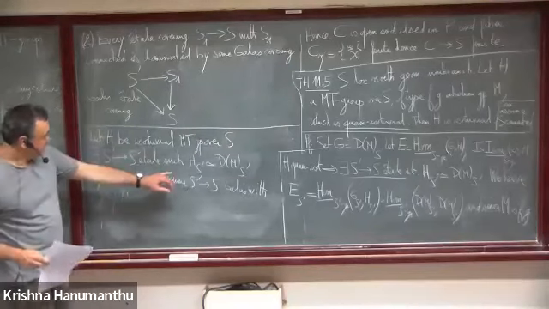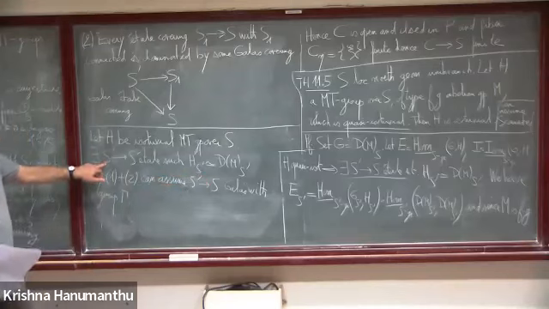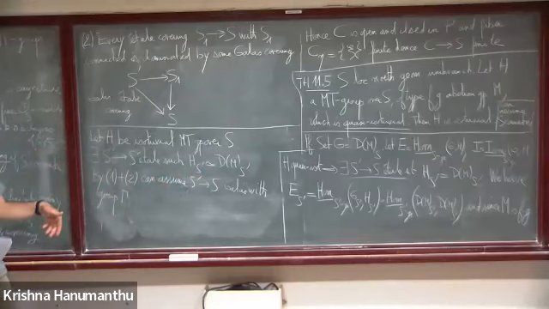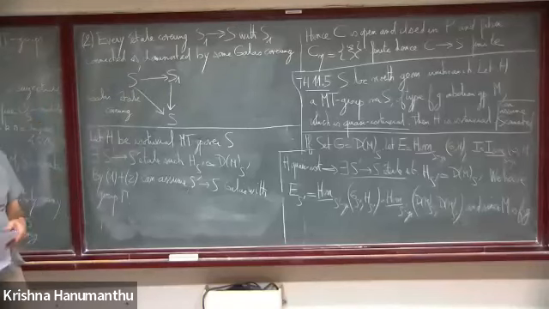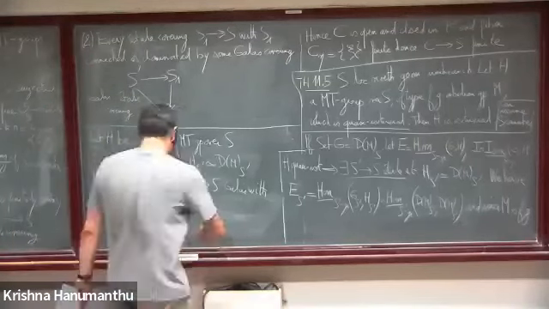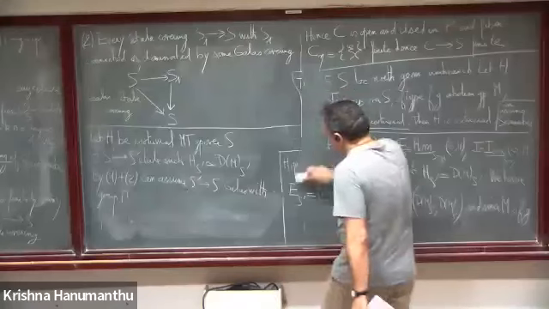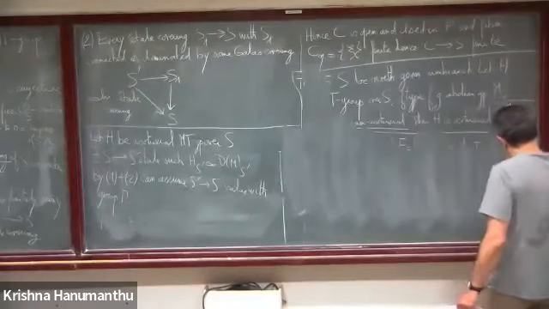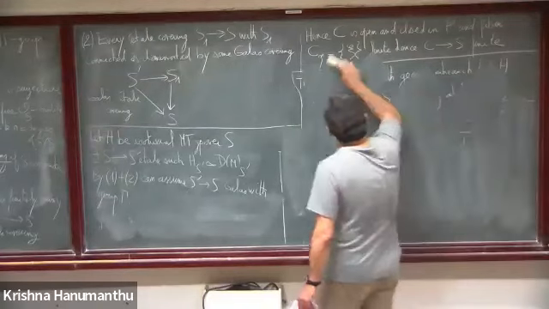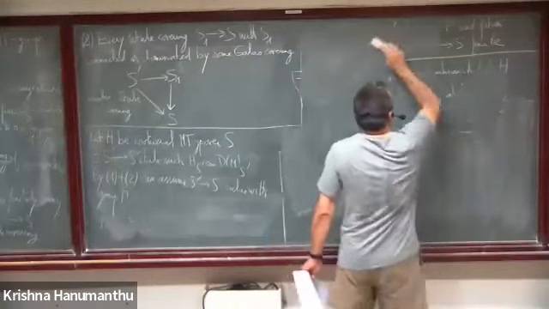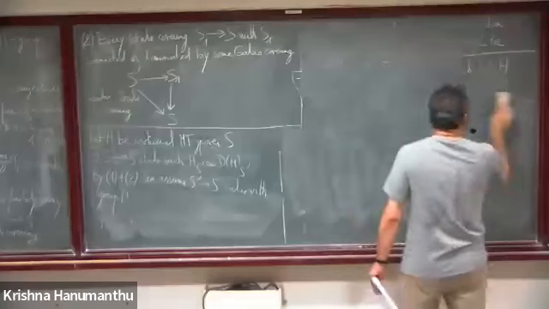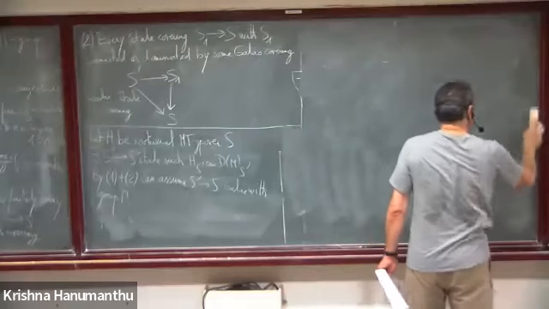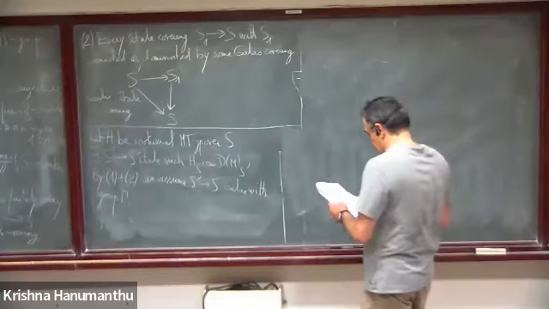Because since this is split over S prime, it remains split over any connected component, and then we can lift to a Galois cover, and so we are done. And now we are basically in a case that I mentioned before. So let me just give without proof the following theorem.